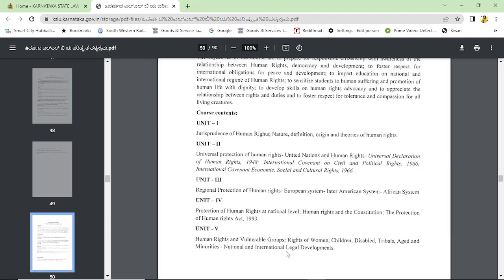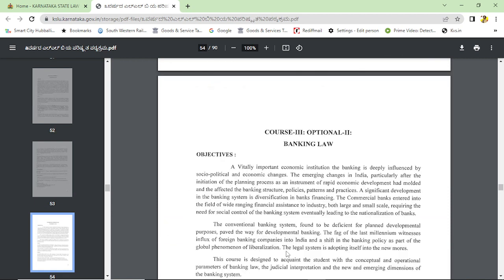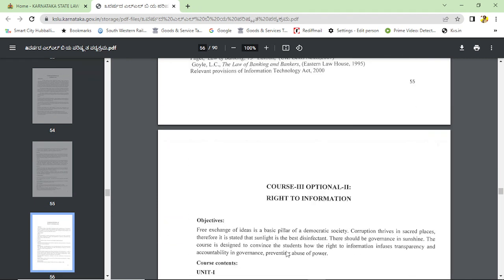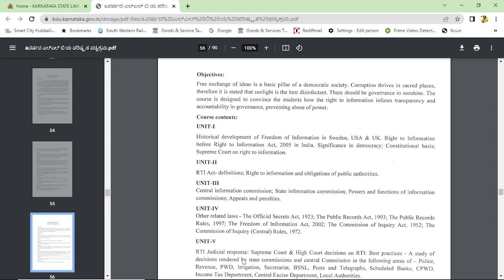Now let's go to the third one, that is the RTI subject, which is again an option. Page number 56. Okay. Look at this again. The international development of RTI. Come down.